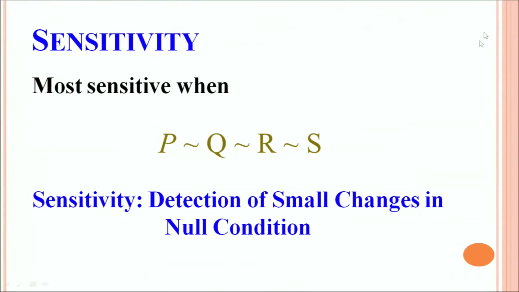So, the Wheatstone bridge is most sensitive when all the four resistors are of comparable values, when P is approximately equal to Q is approximately equal to R is approximately equal to S. So, if you want a very sensitive bridge, you keep these four resistances of the same order.